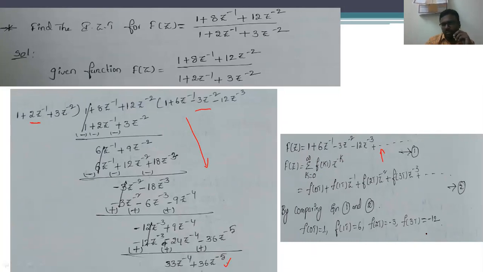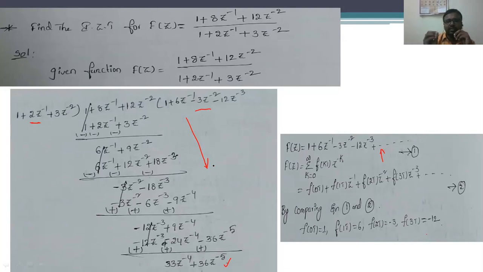So in this way, we are going to obtain the f(t) values using the long division method. And the other name for this long division method is also called the power series method. So from the exam point of view, if the question mentions a particular method regarding the inverse Z transform, you have to apply this method only.